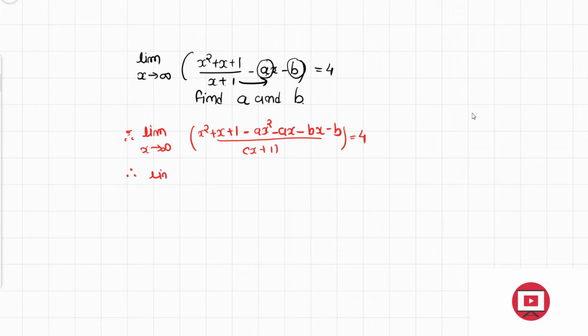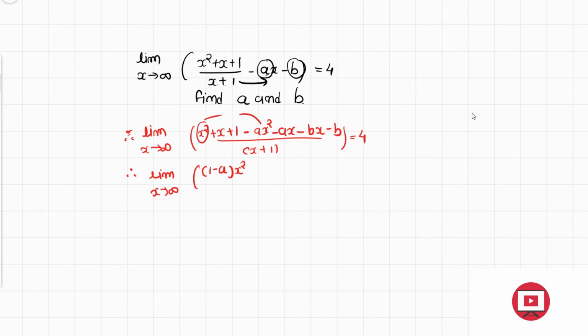Now we can simplify it by figuring out all the terms with equal powers. 1 minus a x square, there are 2 terms for x square.